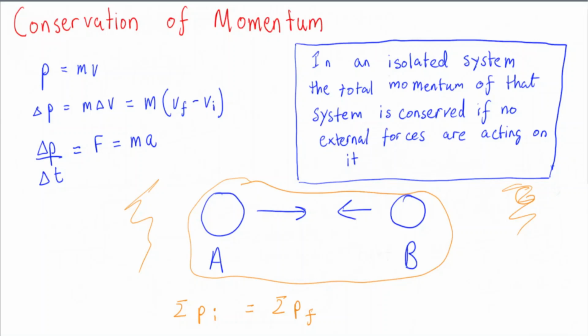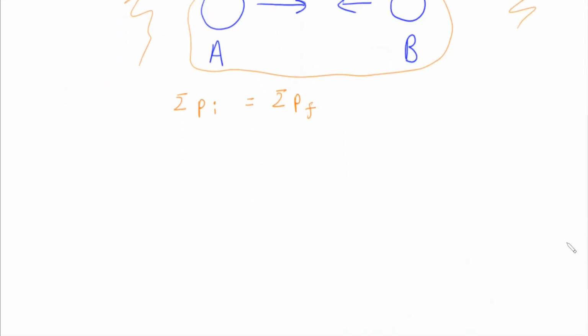Let's say we have two toy cars, and I'll just draw them as blocks. So let's say we have one toy car over here, and we have another toy car over here. And we'll label them as A and B. Let's say the mass of A is 3 kilograms, and let's say the mass of B is 4 kilograms.